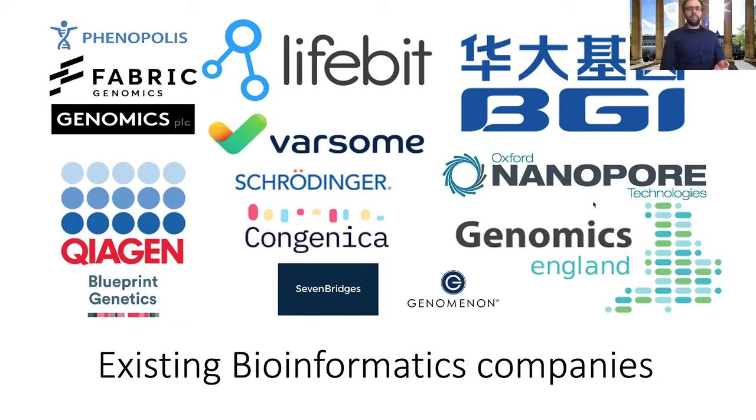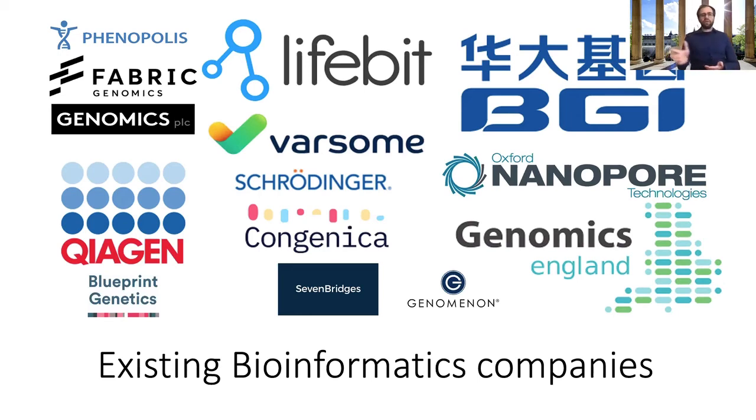So big companies, very big companies: BGI, Beijing Genome Informatics, a very big company which is sequencing thousands of human genomes a day, massive sequencing power. Genomics England, which you might have heard of, is an initiative which was started by the previous Prime Minister David Cameron to find the genetic cause of rare diseases in the UK.